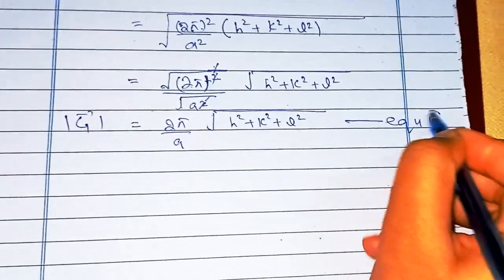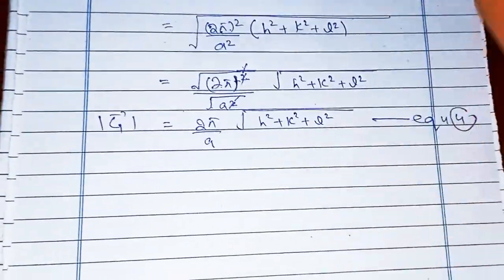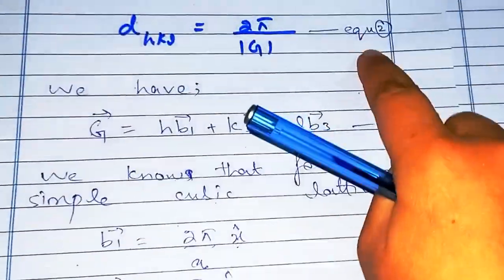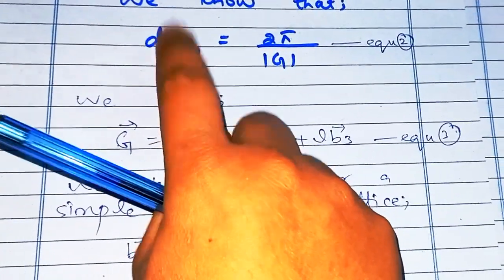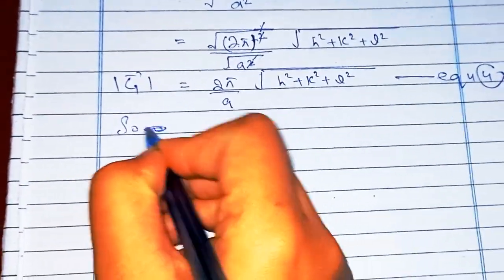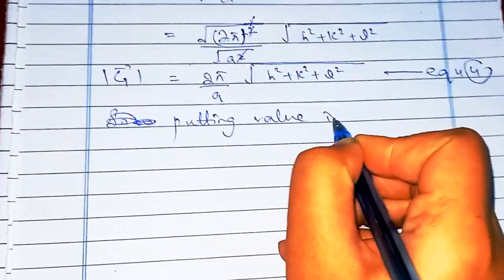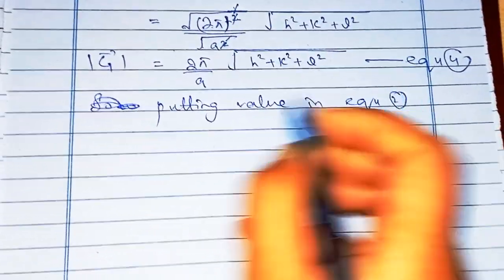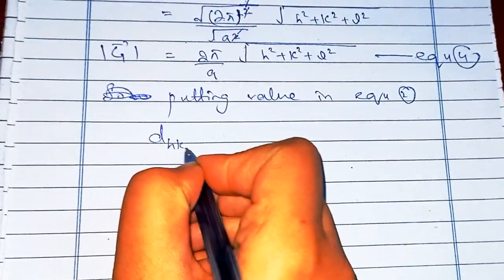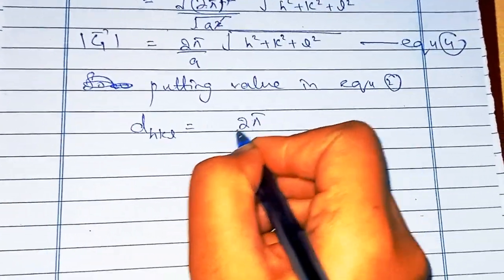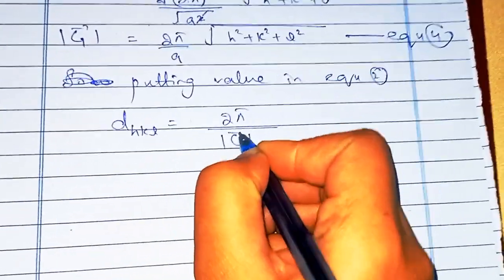Equation number 4. Let's put this value right back into equation number 2 in order to get the interplanar spacing. So dhkl equals 2 pi by g magnitude.